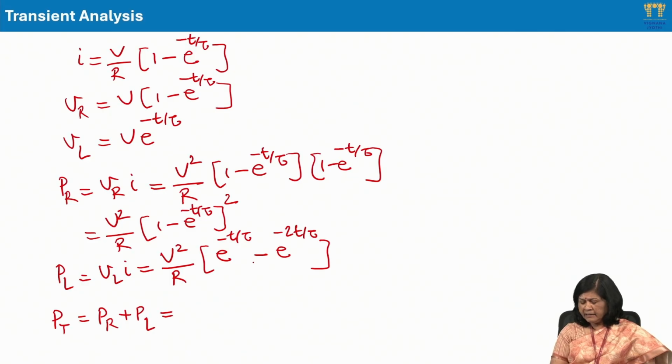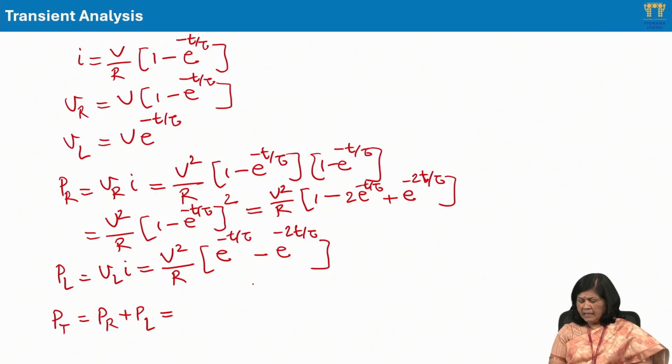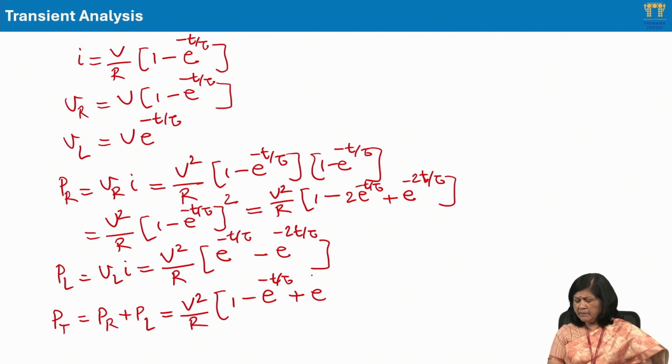When I sum both, I expand this as V square by R times (1 minus 2 e to the power minus t by tau plus e to the power minus 2t by tau), and adding the inductor term, I get V square by R times (1 minus e to the power minus t by tau plus e to the power minus 2t by tau).